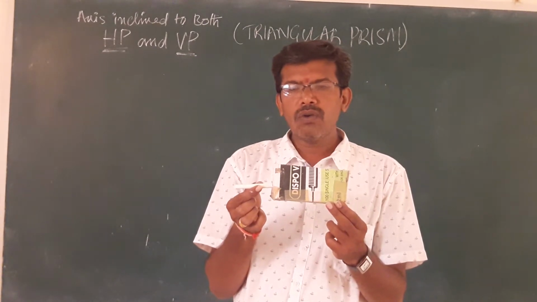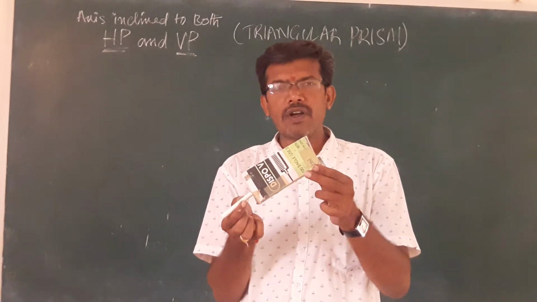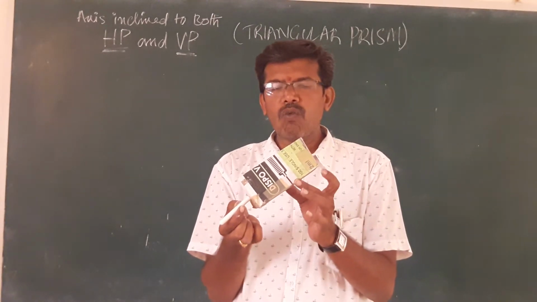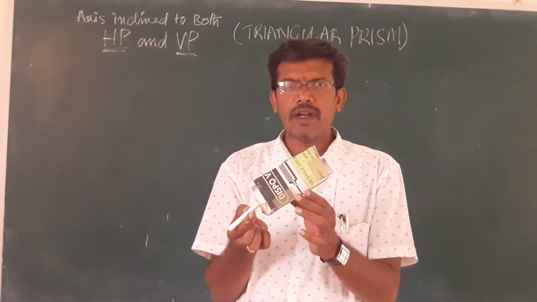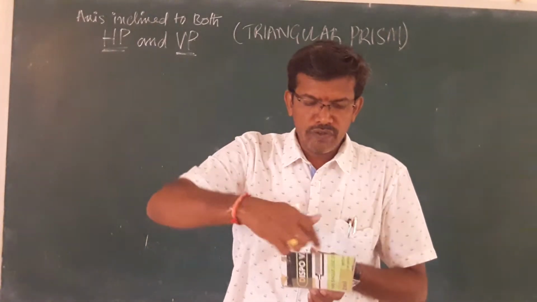Next, I have to make the axis inclined to the horizontal plane, first thing. Then what you are going to observe? In the first case you will observe only this face in front view and in top view these two faces.